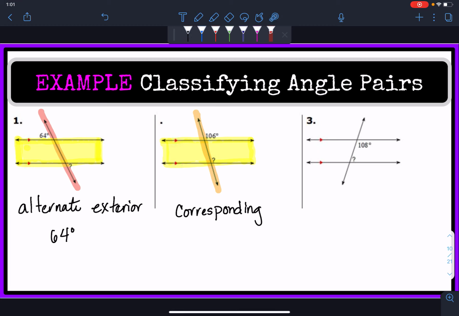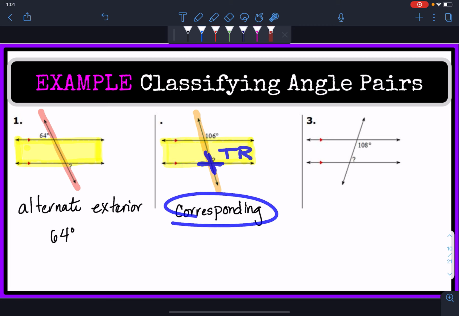Another way to determine what corresponding is: notice that we have this obtuse angle, and this angle up here, if we just focus on these four angles, is on the top right hand side among these four angles. And if we look at the four bottom angles that were created, notice that this one is also on the top right hand side.